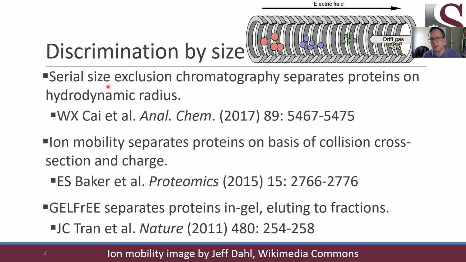So there are lots of different companies now starting to move into the space of allowing for separations on collisional cross-section, which is related to size, in ion mobility chambers. So this has become a really popular option. And you can see up at the top, I've included a diagram that shows one of these ion mobility chambers for separating ions on this cross-section.